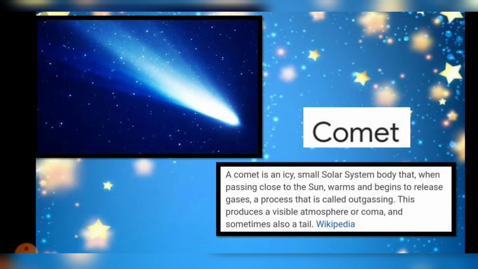So here you can see the picture of a comet. It is an icy small solar system body that when it is passing close to the sun, it warms up and it begins to release gases. And when it starts giving out the gases, that process is known as outgassing. So here you can see the comet.